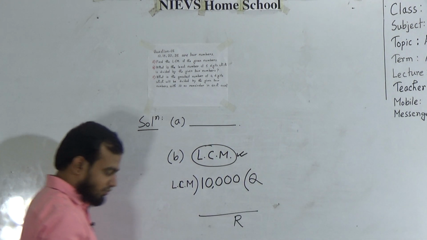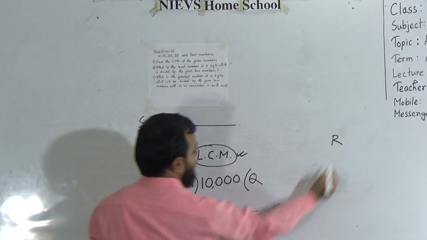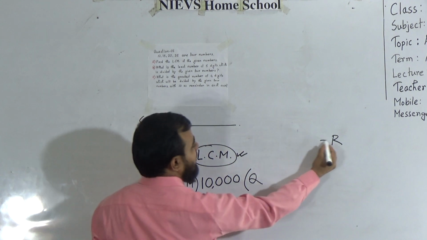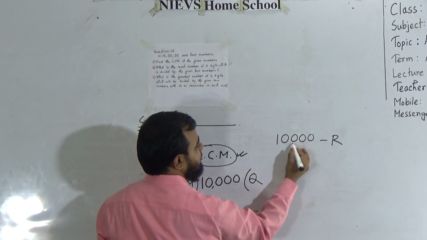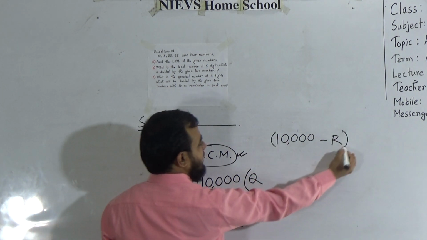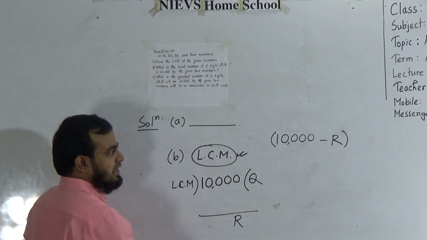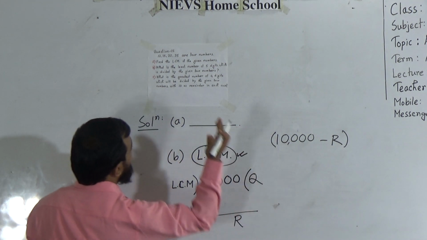After that, we have to subtract this remainder from this smallest number of 5 digits, that means from 10,000. We will get a number, and that number must be divisible by the 4 numbers.